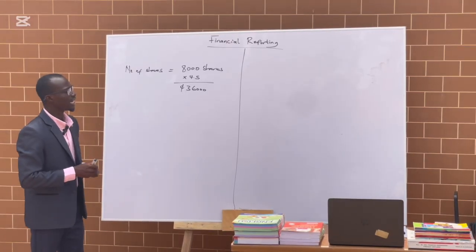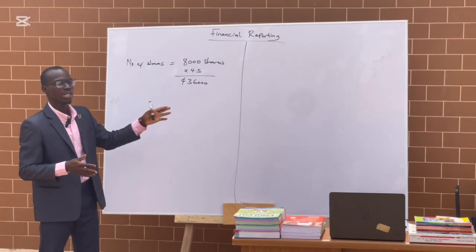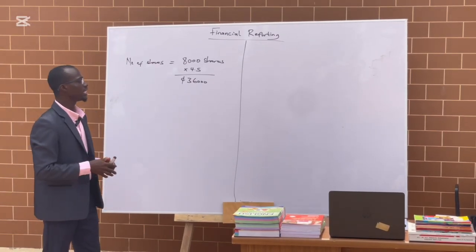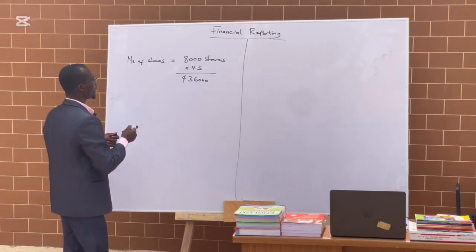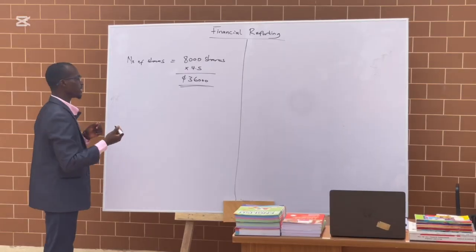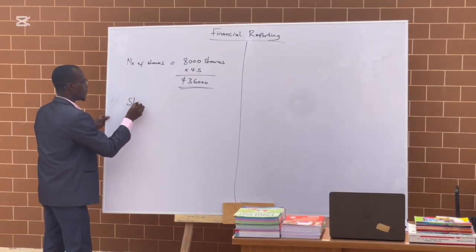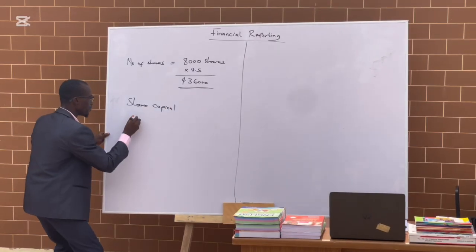But like I said, sometimes the examiner will make you know that the share exchange has not been recorded, therefore you need to record it. In this case, we need to record it by sharing it between the share capital and the share premium. So this 36,000 is supposed to be shared between share capital and share premium.